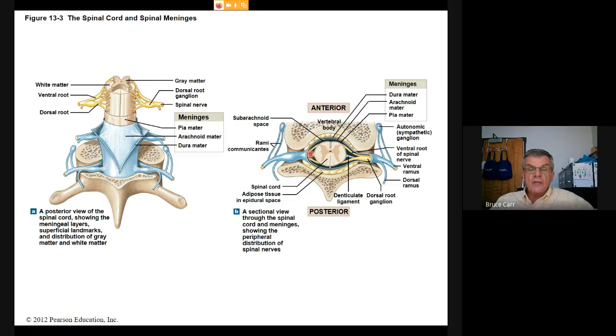Shown also here are these white strands and this posterior strands, the denticulate ligaments that basically connect to the bony structure and suspend, based on connections to the pia mater, suspend the spinal cord and hold it within its cavity.